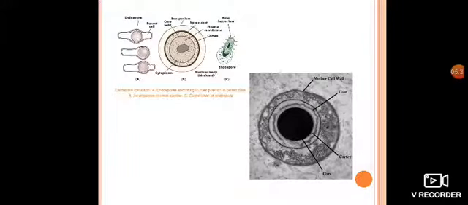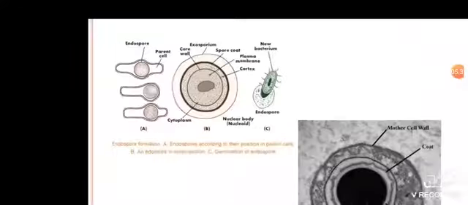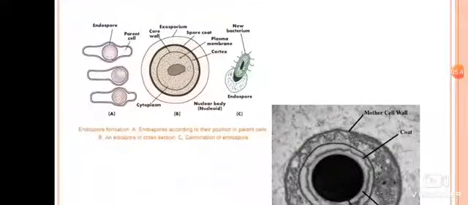In this diagram, we can observe the endospore, the diagrammatic representation. Here at point B, we can observe that the spore has the core wall, then the exosporium, spore coat, plasma membrane, cortex, all those different parts of the endospore. In diagram A, you can observe the endospore present in the middle, the second one present at the top, and the third one slightly in the middle or initial part of the cell.